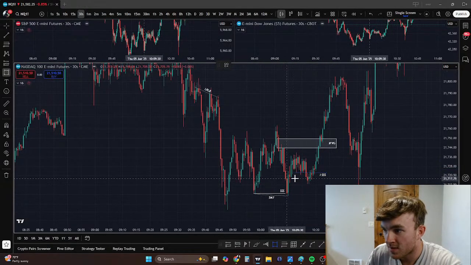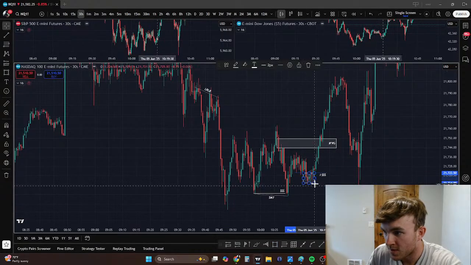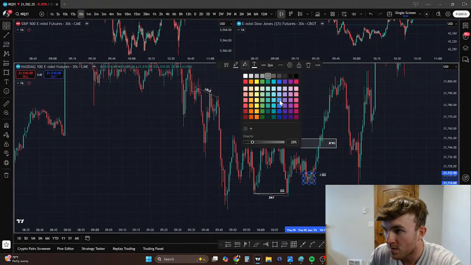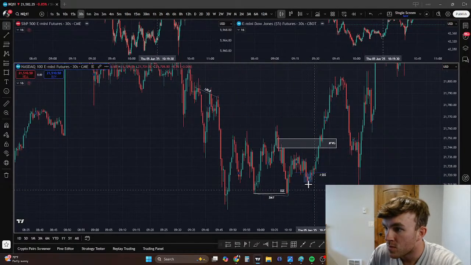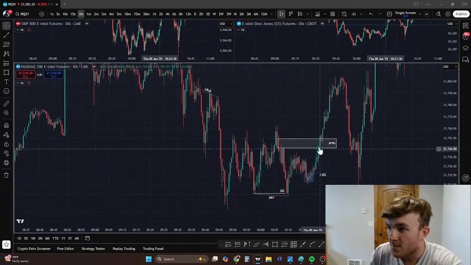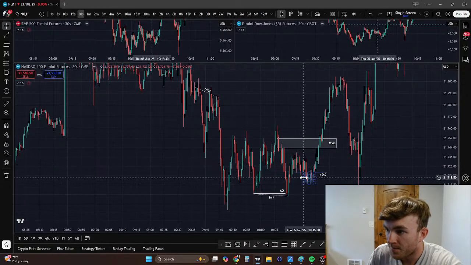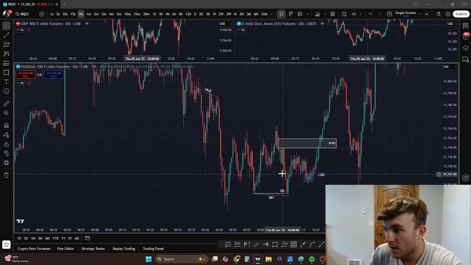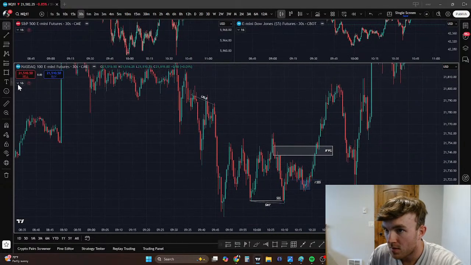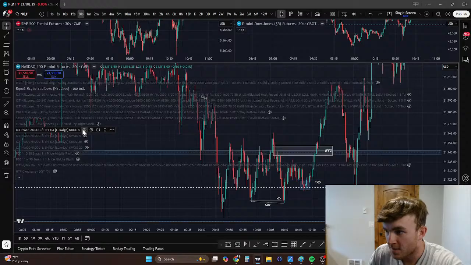I can mark this out with blue to show it's inducement. And then we come up, inverse this. Curious if we had any other confluences.